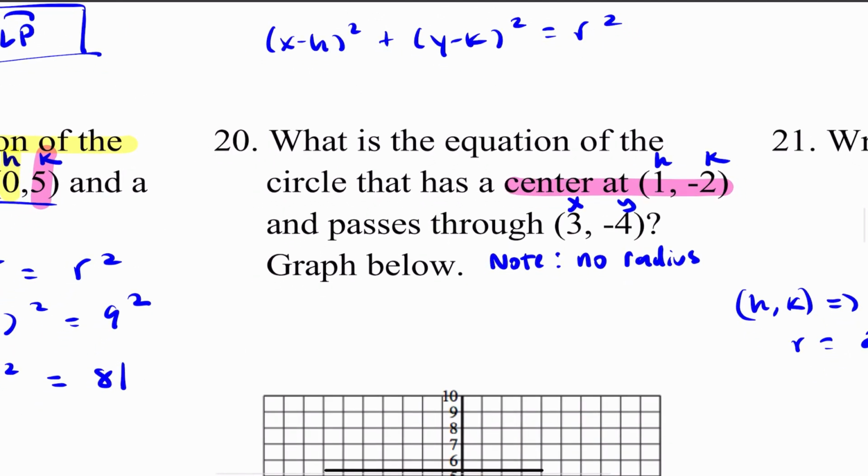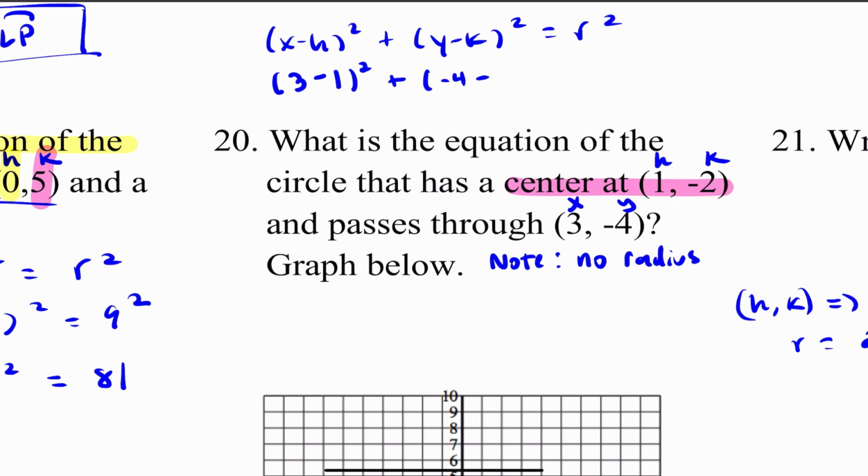So it's x minus 1, the quantity squared. Oh, sorry. Let me start over. If I'm plugging everything into this equation, well, x is 3. So I write 3 minus h, which is 1, the quantity squared, plus y is -4 minus k, so it's minus -2.